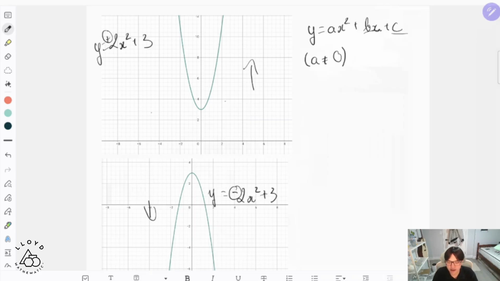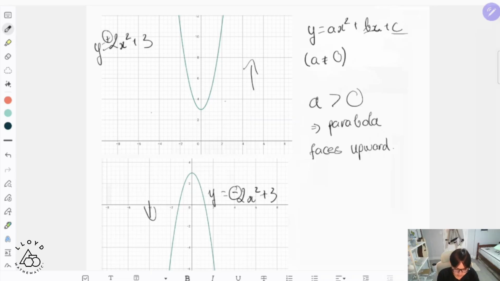So if a is larger than 0, the parabola will face upward, like this example. If a is higher than 1, it will be like this, or even like this.